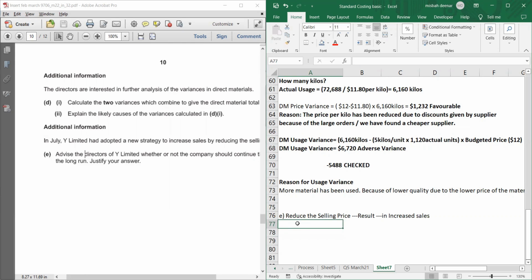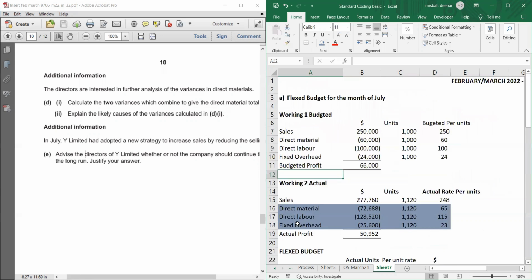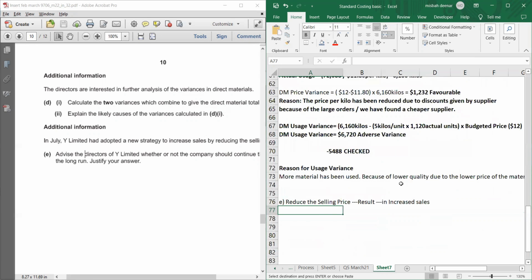So if you can see that reducing the price can increase sales, as we can see above, with a reduction of $2. Going to here, we see that we budgeted the selling price at 250 and the actual selling price was 248. So I will copy it here.